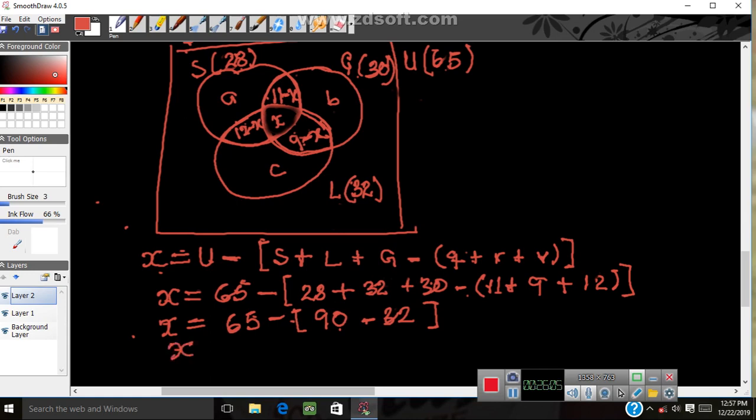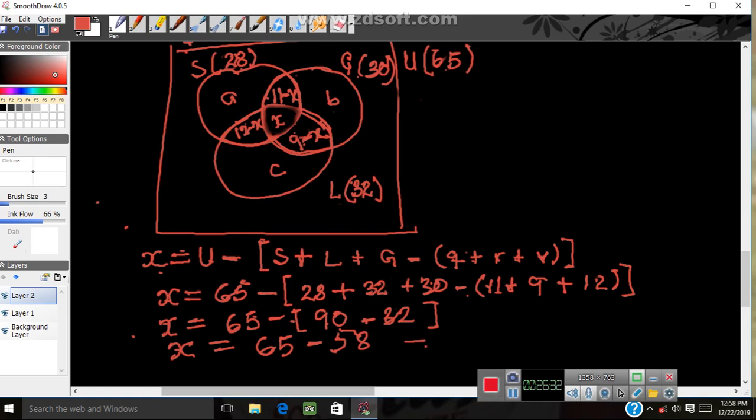So X here will be equal to 65, which is already out, minus what we worked out at the top, 58. If I take 58 from 65, I'm going to get the whole thing.